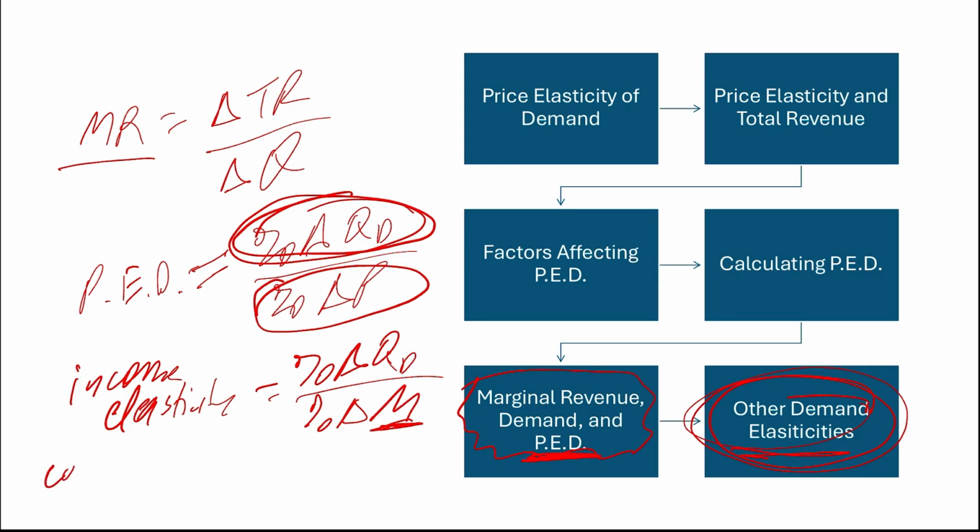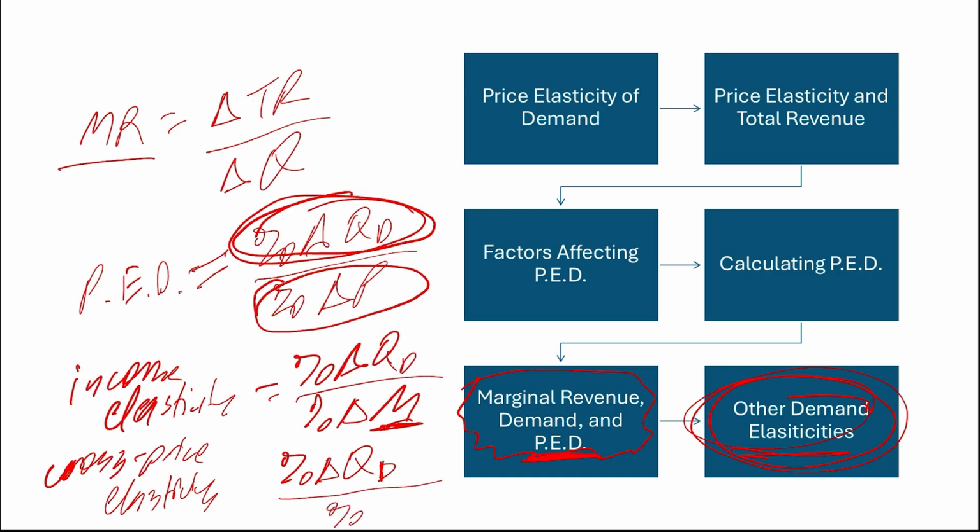Or we could look at what we call the cross price elasticity, which is looking at the percentage change in quantity demanded for one good as we change the price of some other good.